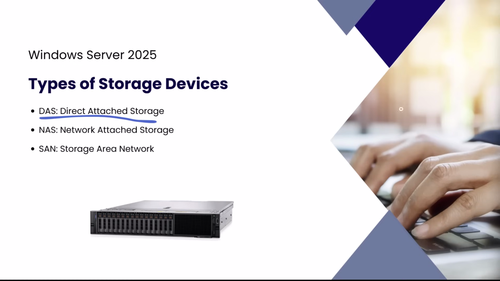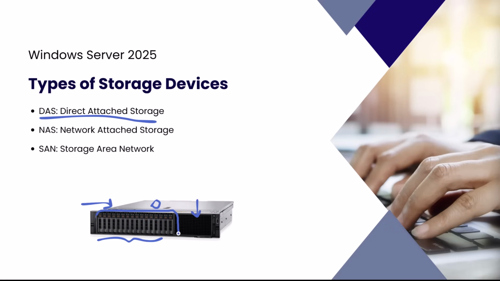Direct attached storage. This is storage that is physically attached to a server or a computer. Here I have a Dell server and you can see it has a lot of hard disks. This can be called a direct attached storage. The operating system will be running here. It will have a CPU, network card, everything, and also the hard disk.